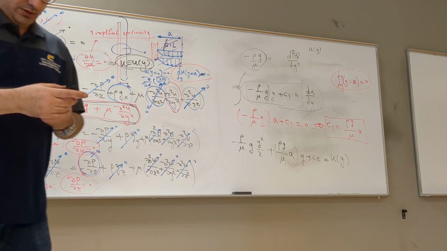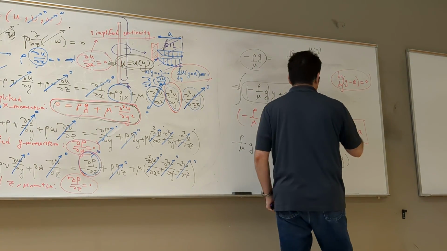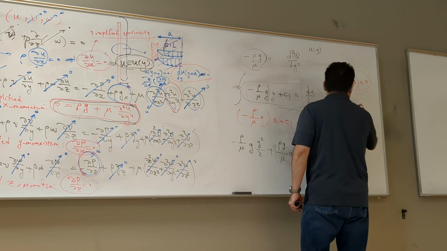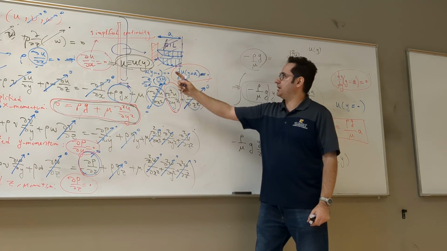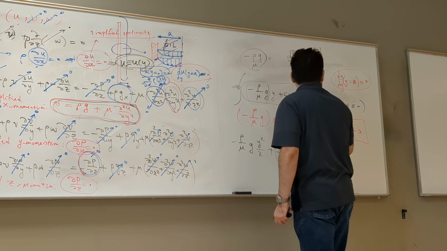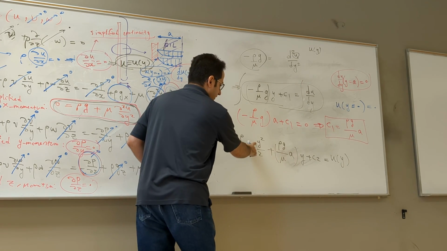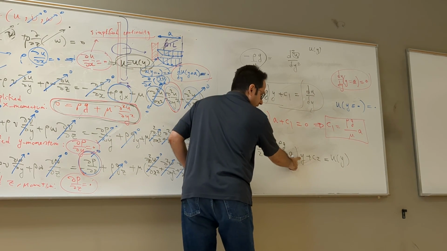Now, I'll apply the second boundary condition. The second boundary condition says u at y equal to 0 is what? 0. So put y equal to 0. This is 0, this is 0, right?